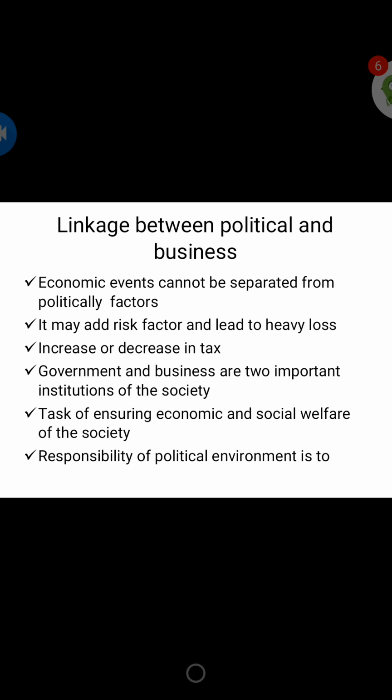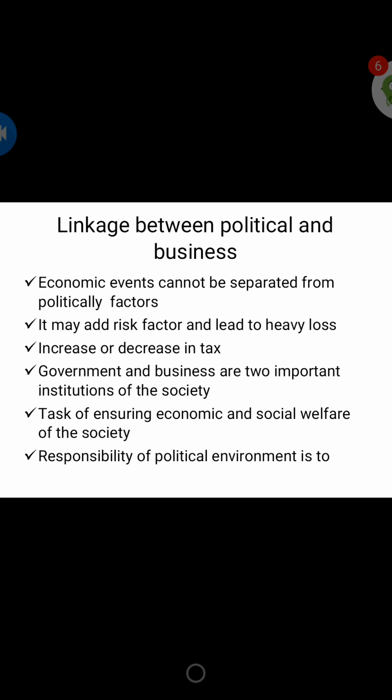The political environment consists of the political system, the constitution, political parties and government. These institutions and systems have the task of ensuring the economic and social welfare of society, so totally the society will be benefited.